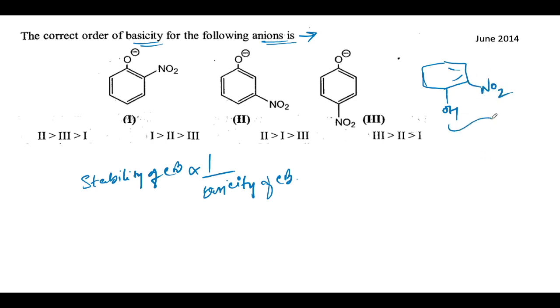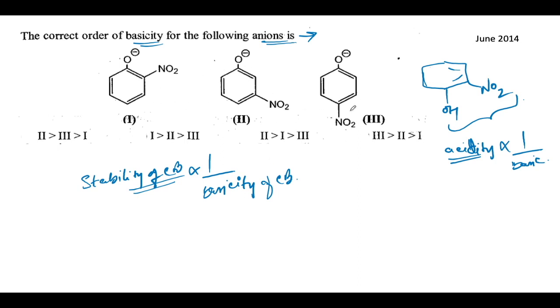The acidity of the phenol is going to determine it: the more acidic, the less basic the conjugate base. So acidity of the phenol determines how basic it is. If it is more acidic, then the conjugate base is going to be less basic. And if the stability of the conjugate base is high, then also the basicity will be less.